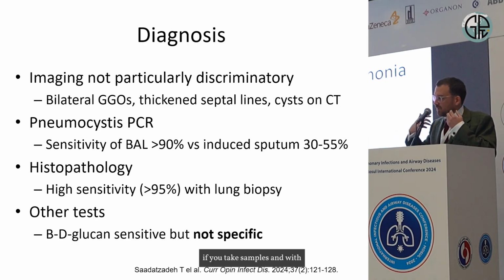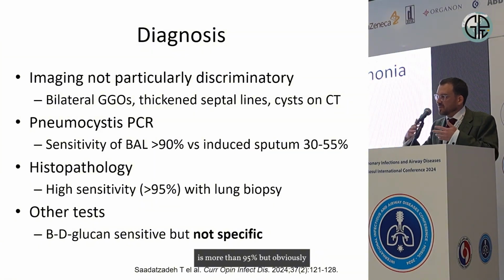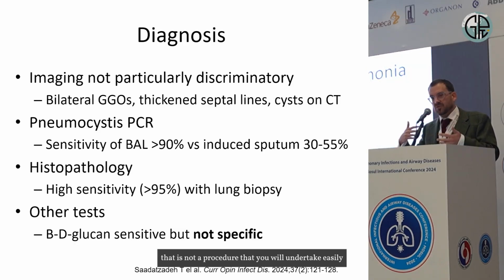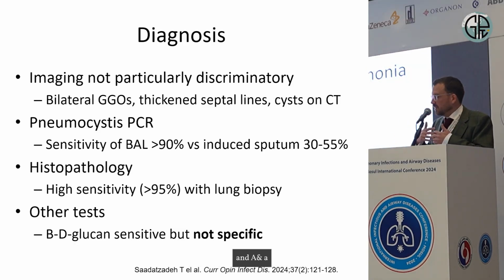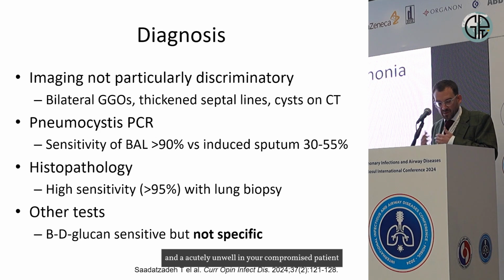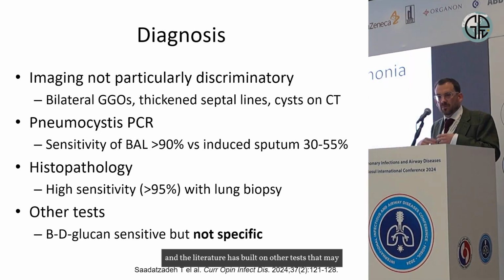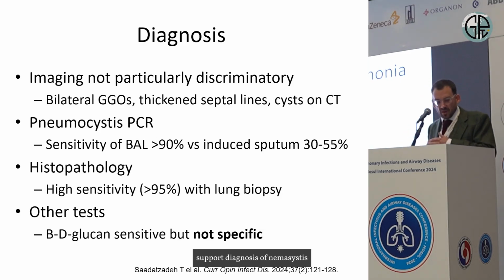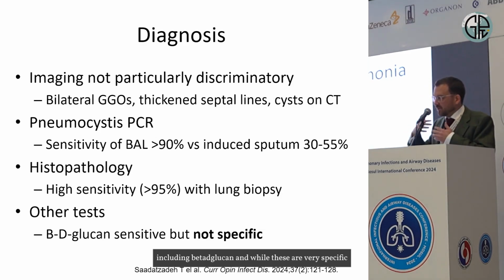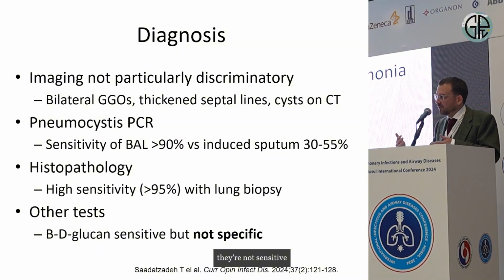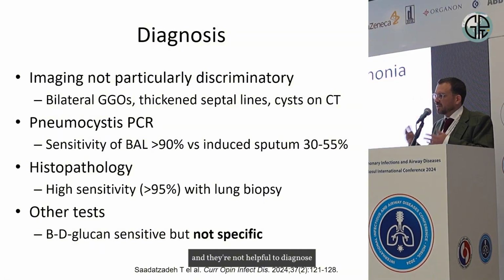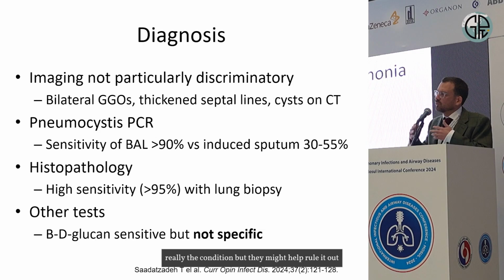Histopathology, if you take samples with lung biopsy, the sensitivity is more than 95%, but obviously that is not a procedure that you will undertake easily in an acutely unwell immunocompromised patient. And the literature has built on other tests that may support diagnosis of pneumocystis, including beta-D-glucan. While these are very specific, they're not sensitive and they're not really helpful to diagnose the condition, but they might help rule it out.